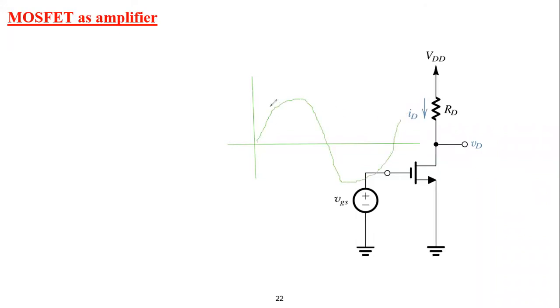But we also know that in order to make this MOSFET on, the voltage applied on the gate should be greater than V threshold. Otherwise, your MOSFET will be off.